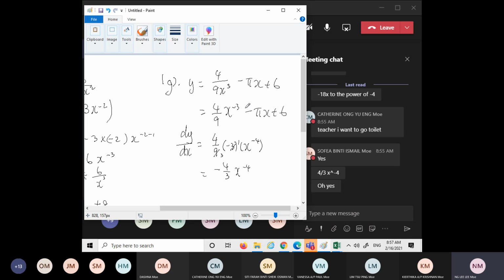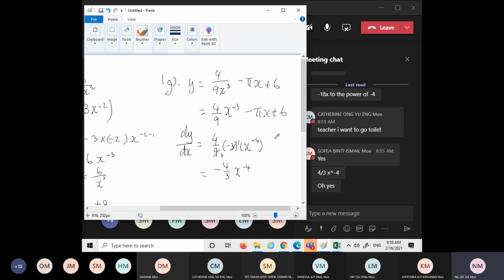Dashna asked me this question because of the second term. Am I right, Dashna? You have doubt on the second term? Yes. You assume the pi is just a number. Let's say this is -3x. If you differentiate -3x, you just assume the pi as a number, so you get -3. If this is -5x, then -5.